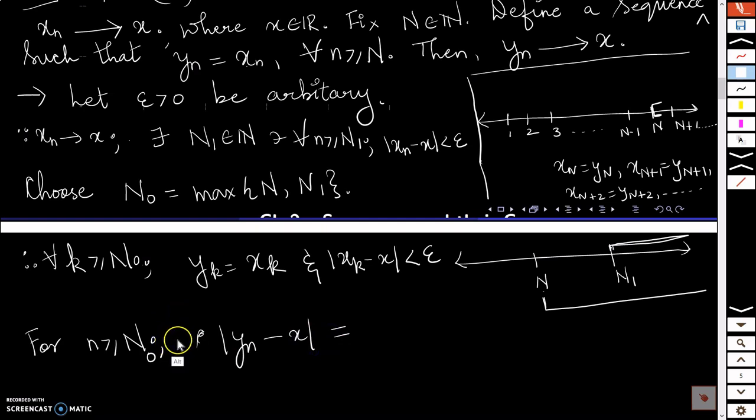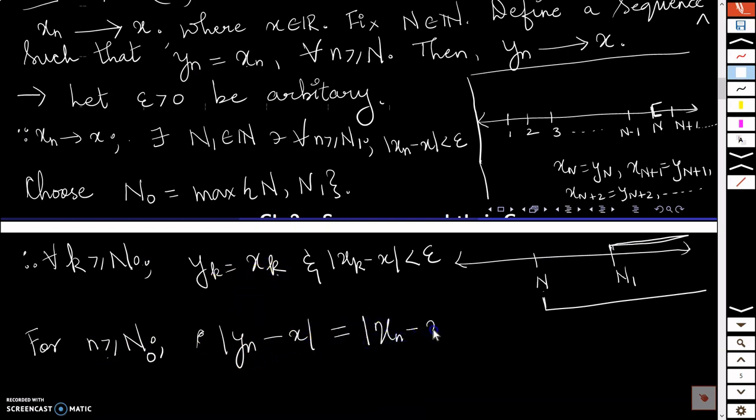But what do we have in the previous step? Whenever I take a natural number k which is bigger than or equal to n naught, I know that yk is equal to xk. And now I am taking a natural number n which is bigger than or equal to this n naught, same n naught. That means after this n naught, yn I can replace by xn, right?